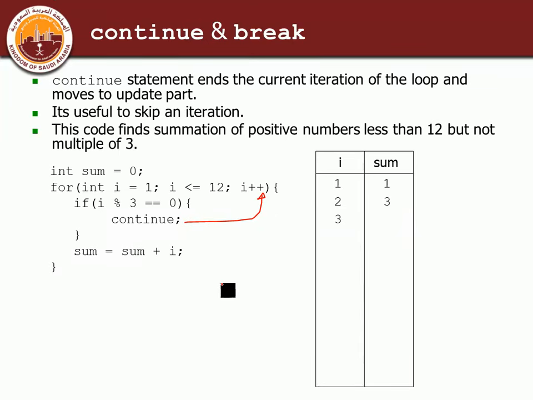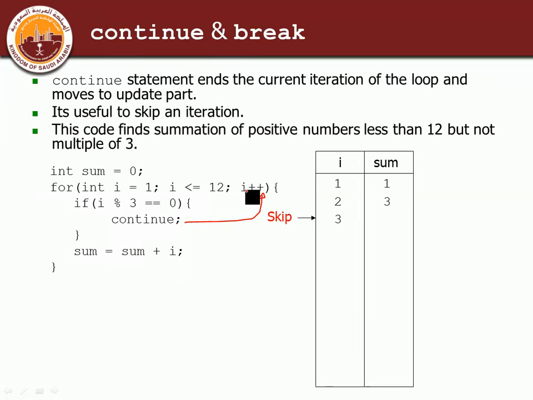Go to the update. It skips everything else, however many lines you have inside of the for loop. I'm going to go back. It's like I'm telling it, okay, skip whatever is there, go back and start another iteration. And this is what is going to happen. It's going to skip the summation, and I'm not going to change anything in the sum, so the sum is not going to be affected.